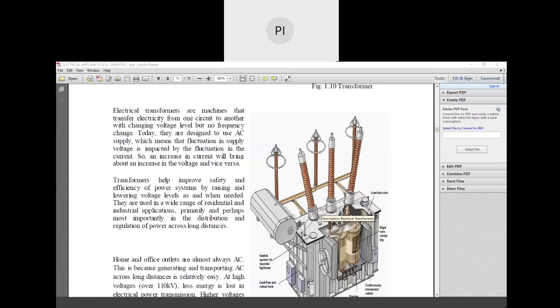So by the mutual induction phenomenon, the current produced by the generating station is transferred to 33 kV, which is near to our villages, obtained in the secondary circuit connected to 33 kV.